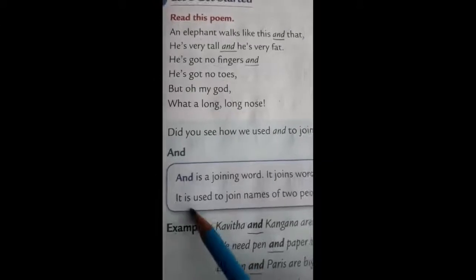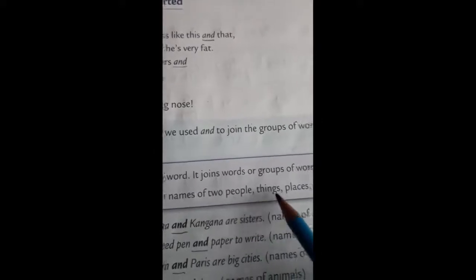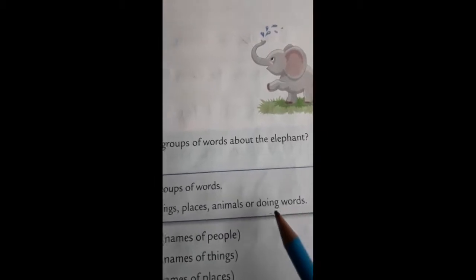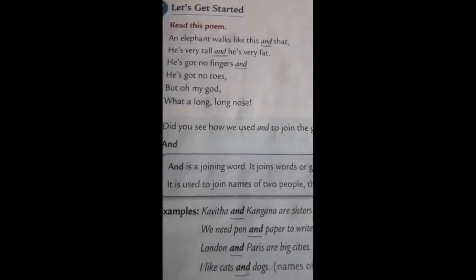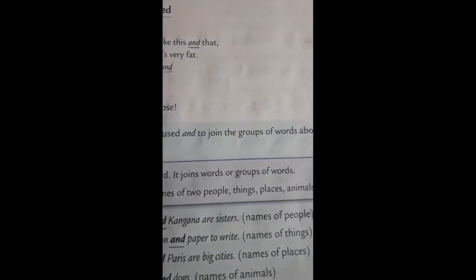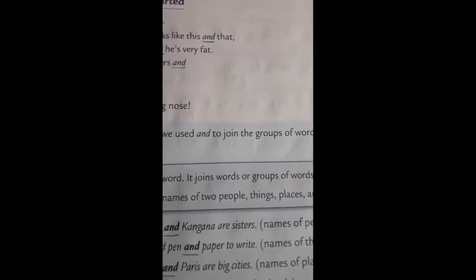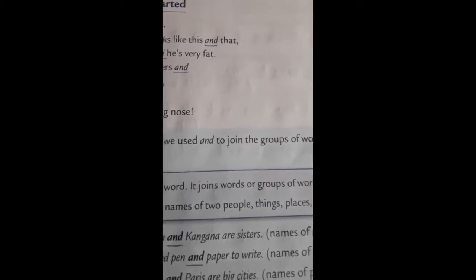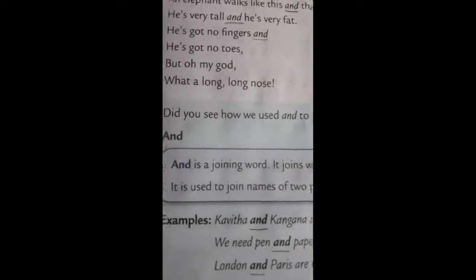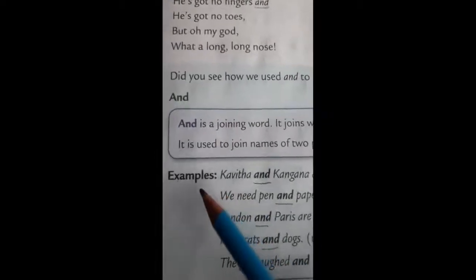It is used to join names of two people, things, places, animals or doing words. Doing words means children like jump, read, write, eat. These are the doing words.